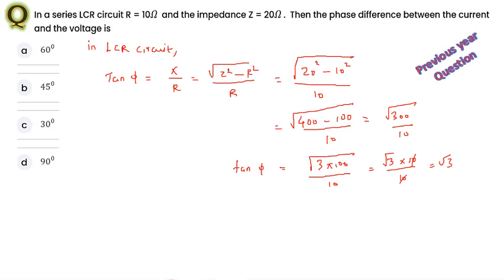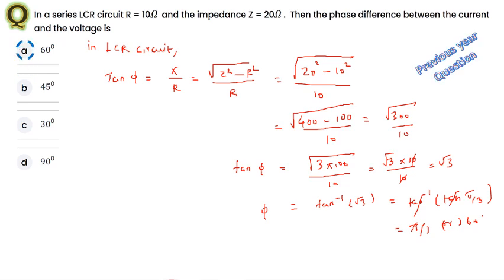See, from this, phi is equal to tan inverse of root 3. So that is tan inverse of tan pi by 3, that is tan 60. So the answer in this case is pi by 3, or else you can mention as 60 degree. So the answer here is 60 degree.